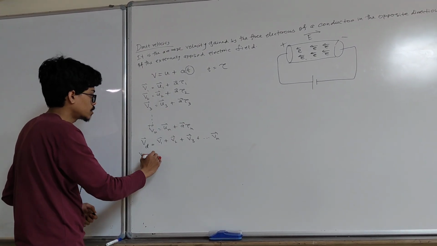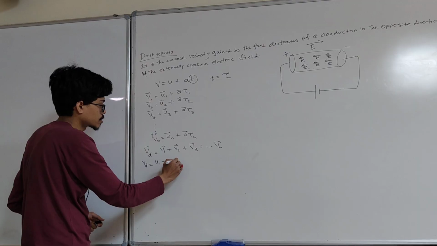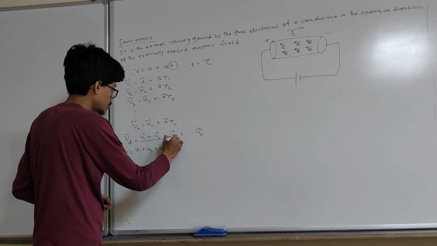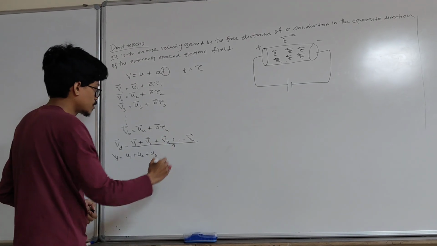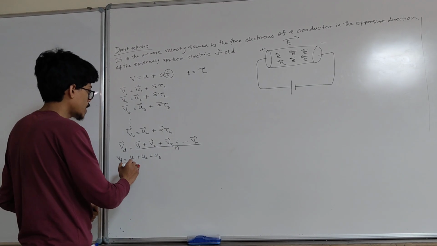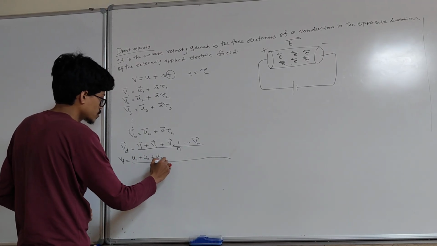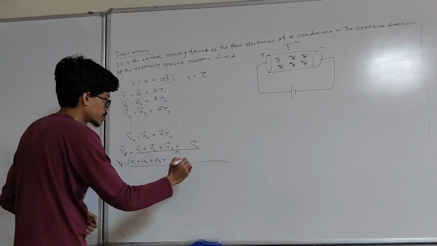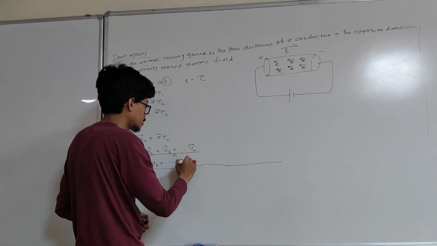If we add all these expressions, the drift velocity is the average of all these summed velocities. So if we arrange those, we can get such an expression.